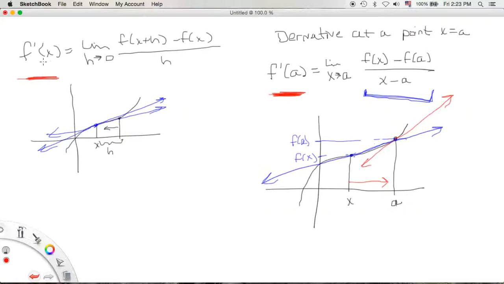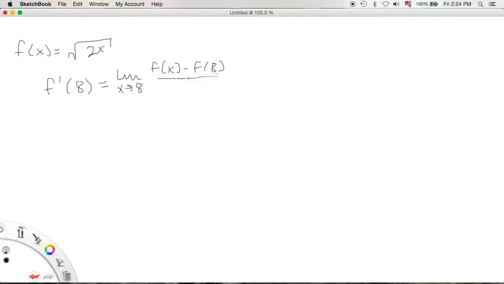So make sure you have both of these definitions for a derivative on your cards. For example, let's say we have f of x equals the square root of 2x. What if we want to know what the derivative is at 8? So we take the limit as x goes to 8 of f of x minus f at 8 all over x minus 8.